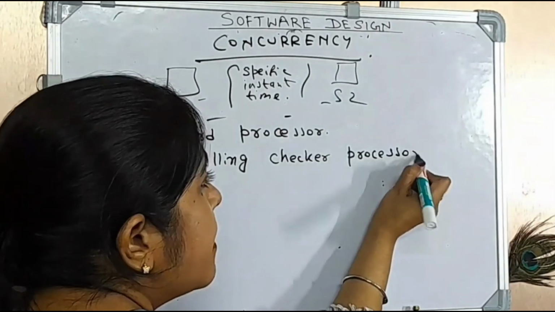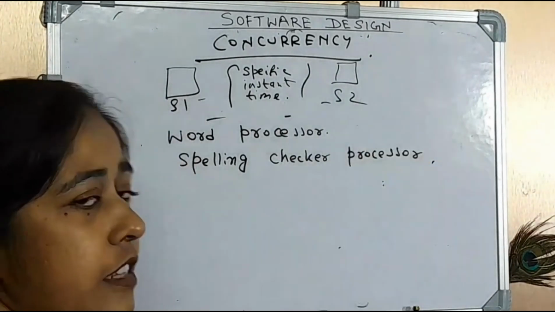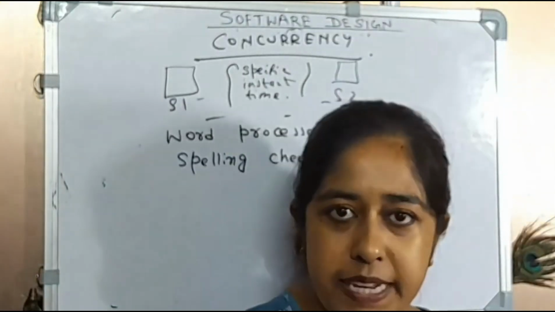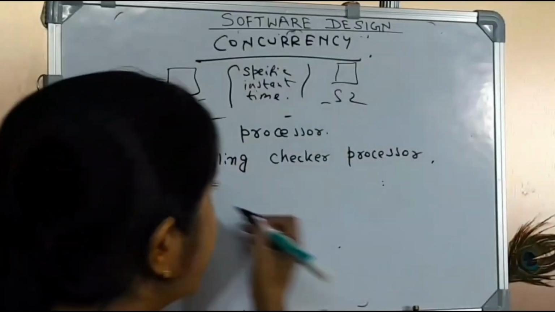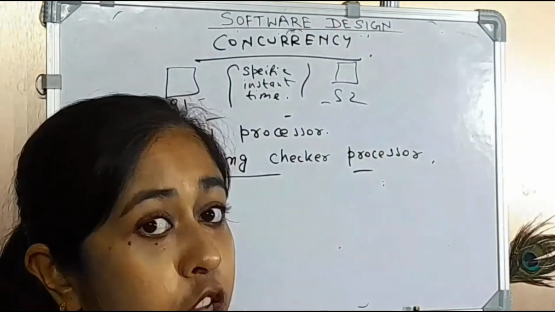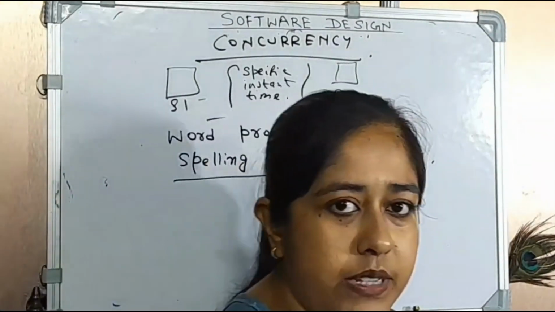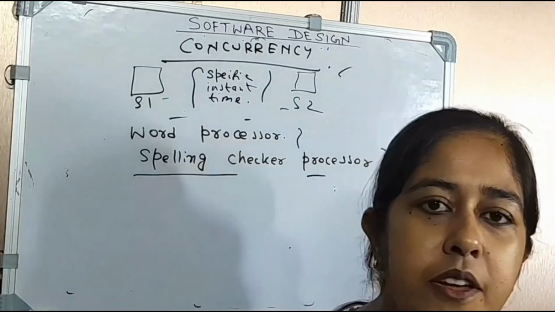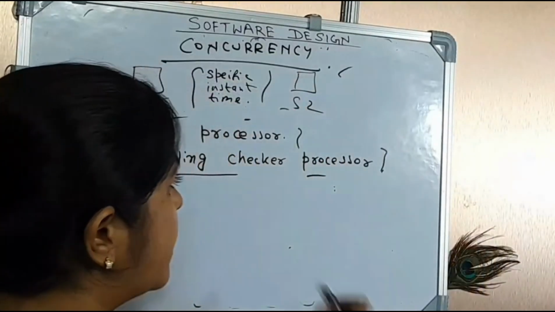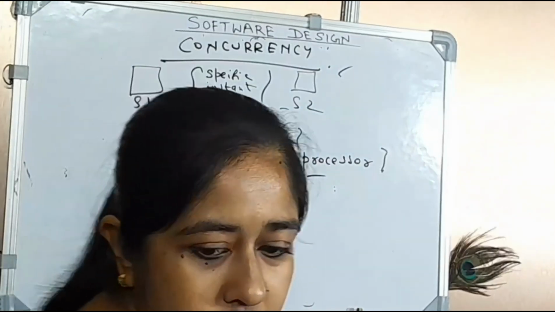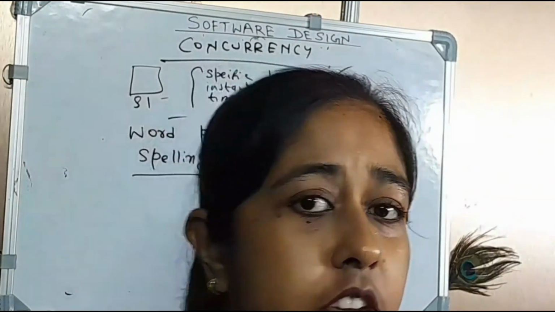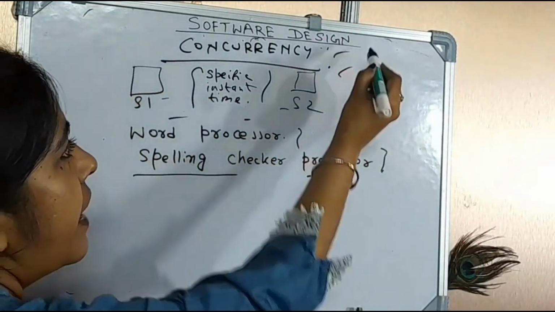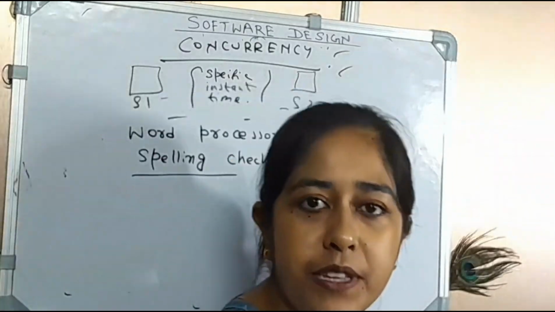You are working in this word processor, but whenever you write an incorrect spelling, certainly your spelling checker is showing you. How is it showing me that? I am not working with it again. So this is what is happening in a word processor and spelling check system. This is the whole thing in your concurrency, and the whole aspect of this is in your software designing phase.